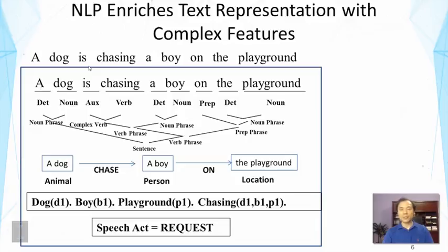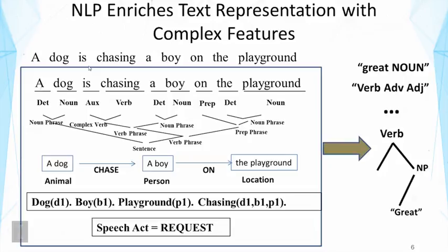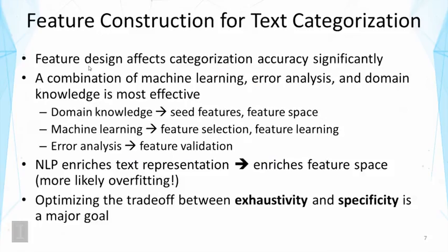Now, with such enriched information, of course, we can generate a lot of other, more complex features, like mixed n-grams of a word and a part of speech tag, or even a part of a parse tree. So in general, feature design actually affects categorization accuracy significantly, and it's a very important part of any machine learning application.